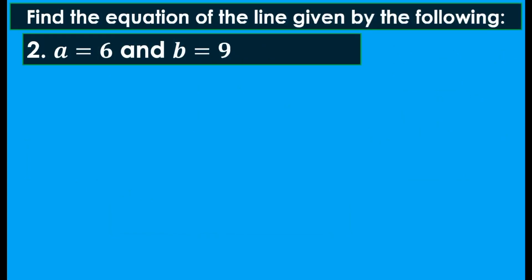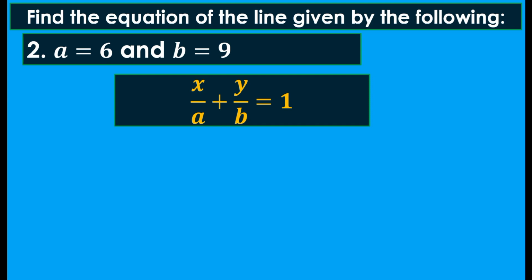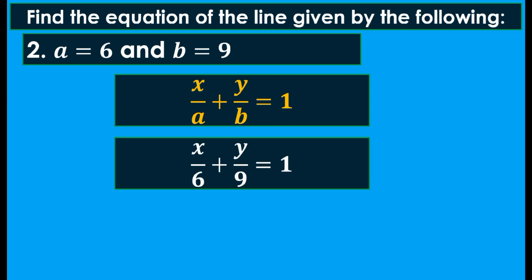A is equal to 6 and B is equal to 9. So let's have now x over A plus y over B equals 1. X over 6 plus y over 9 equals 1. So, we multiply both sides by 18. Ma'am, bakit 18? Ma'am, bakit hindi 54? Kasi, ano ang LCD ng 6 and 9?